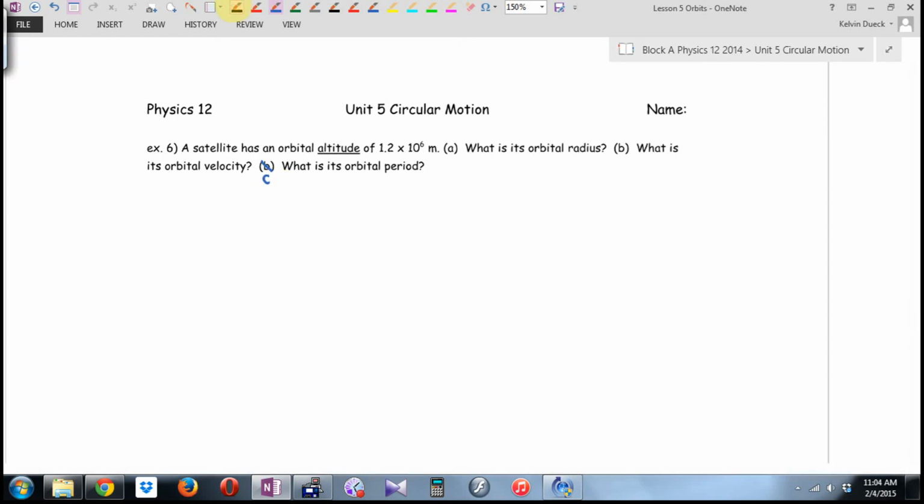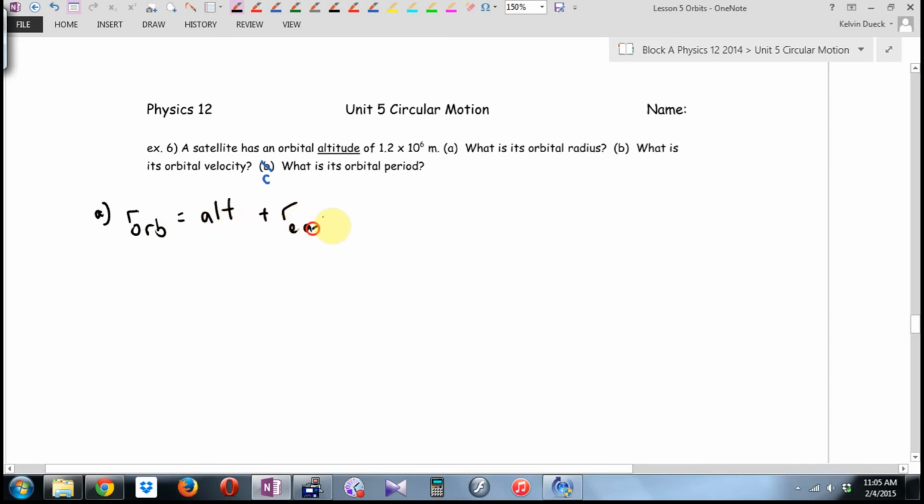I like this question. What's its orbital radius? Well, the orbital radius is going to be what? Altitude plus the Earth's radius.